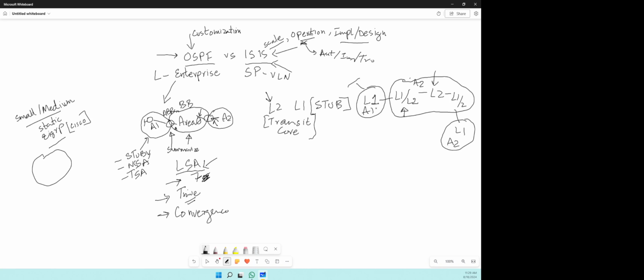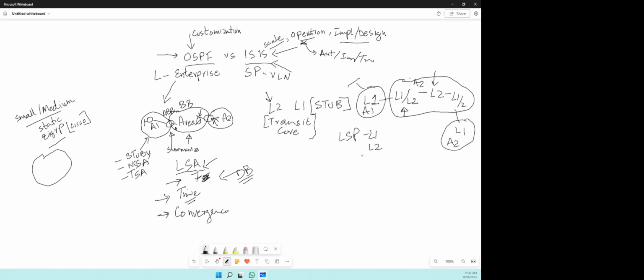Now, in ISIS, there's only 2 pieces of information, and it's called LSP instead of LSA. And that is only 2 types, L1 type and L2. So when you look at the database of OSPF, you'll see a lot of information, right?